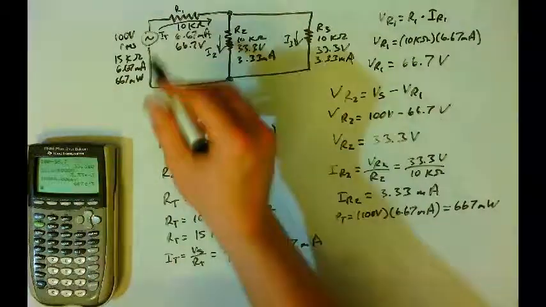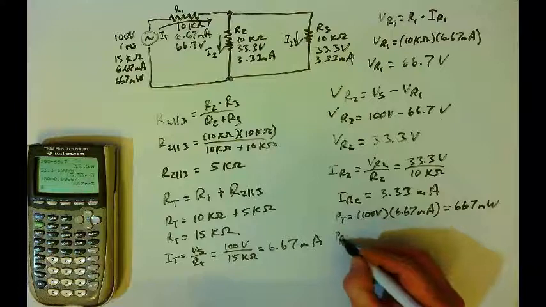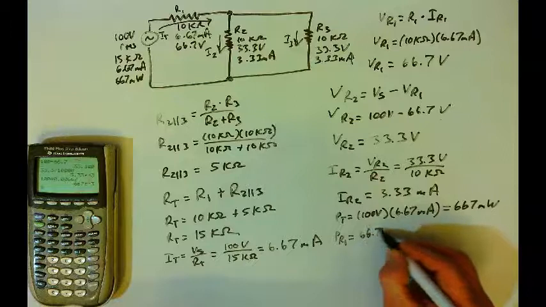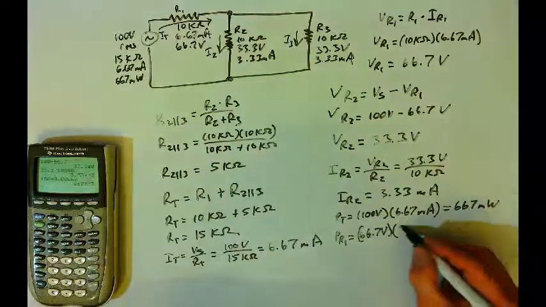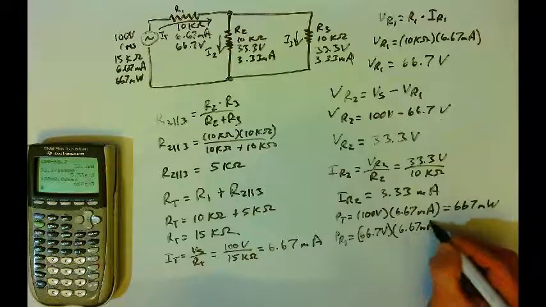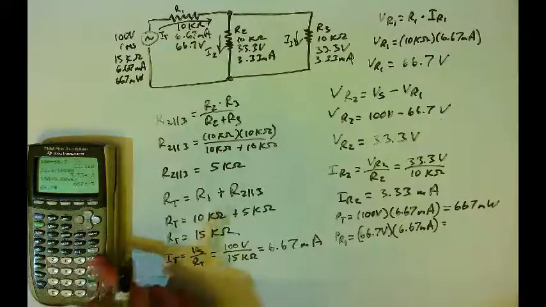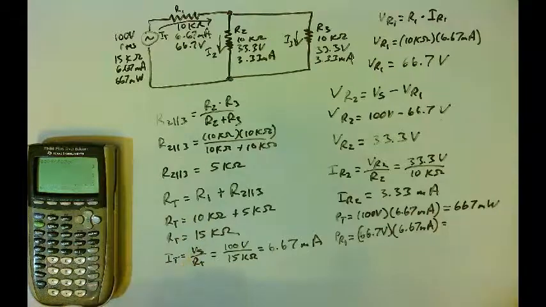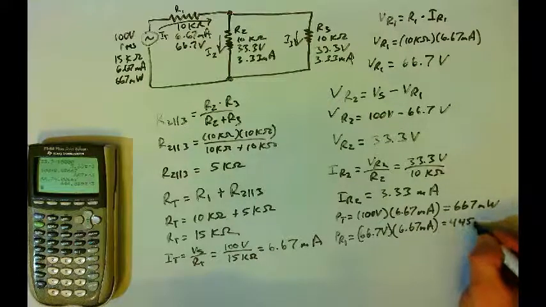And we want to find the power in each of the three resistors. The power of resistor 1 will be 66.7 volts times 6.67 milliamps, which is going to be, let's say, 445 milliwatts.